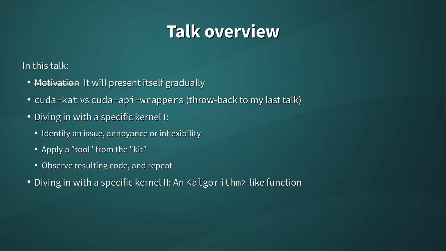And then we'll go into a second kernel, or rather not a kernel, but a device-side function, similar to the kinds of functions we have in the algorithm header of C++. We'll not have the process of repeatedly changing it, but we will see a few variants of it, and each of them will use some additional aspect of the CUDA KAT library.